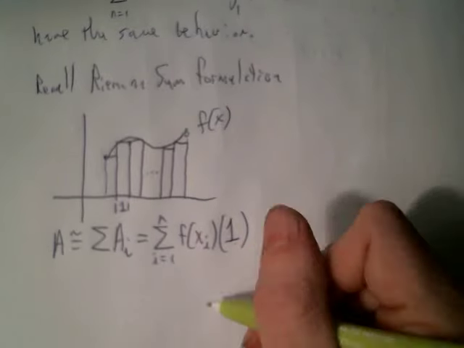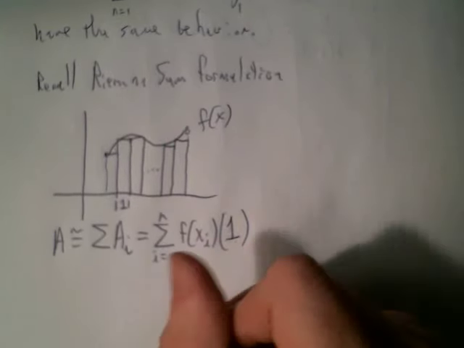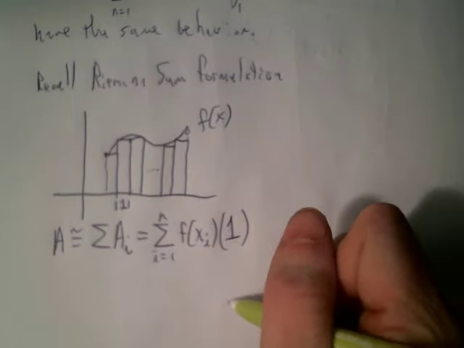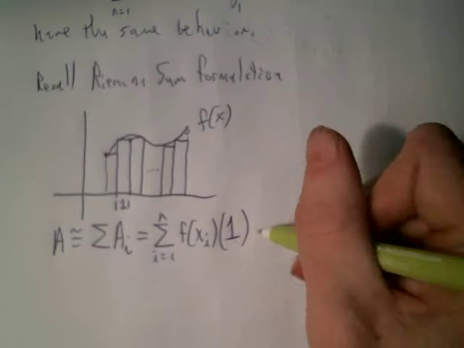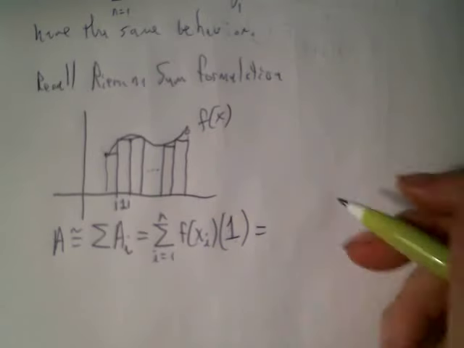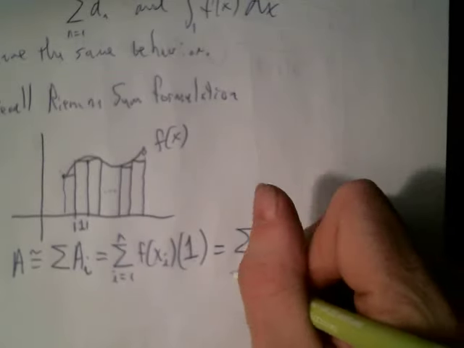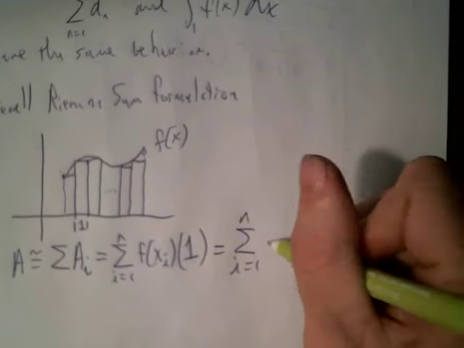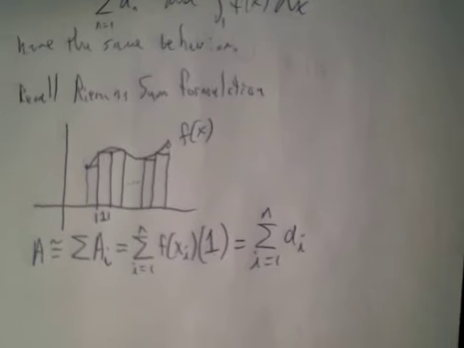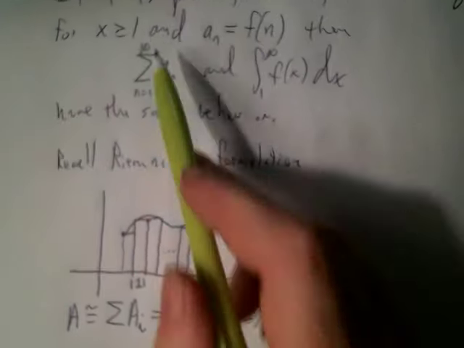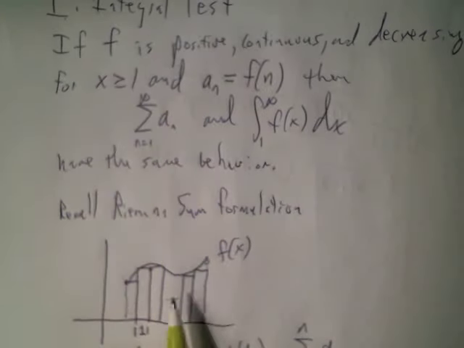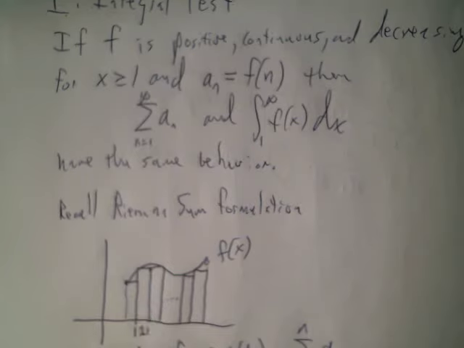So if you have a series and a sequence formula and a function formula that are the same, you can replace this thing right here with just a sub i, and basically this sum represents the area of the sum of these rectangles.